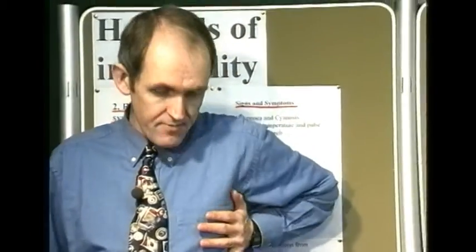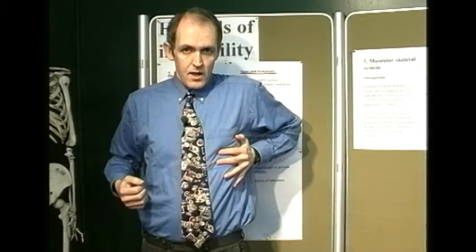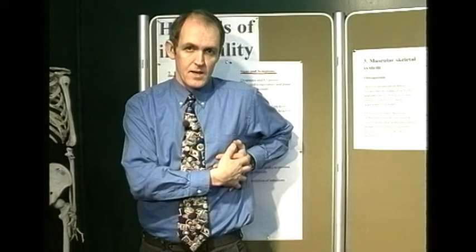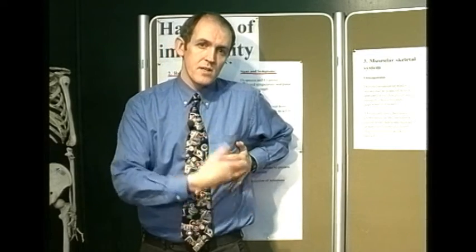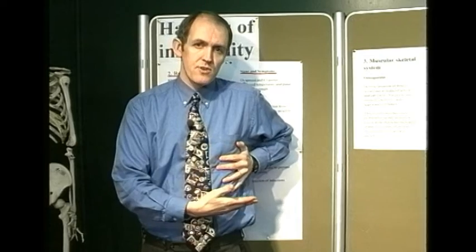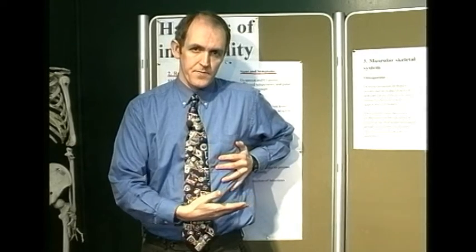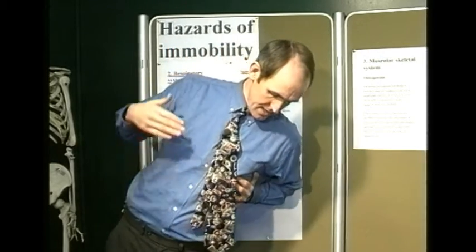If I'm lying on my left side, then that side is going to be pressed against the bed, therefore it can't inflate fully because the bed's in the way. And if there's not good airflow in and out of the lung, that's going to inhibit draining of the mucus secretions. If I'm lying on this side, then gravity is going to tend to make the accumulations collect in the lobes of the lung on this side.